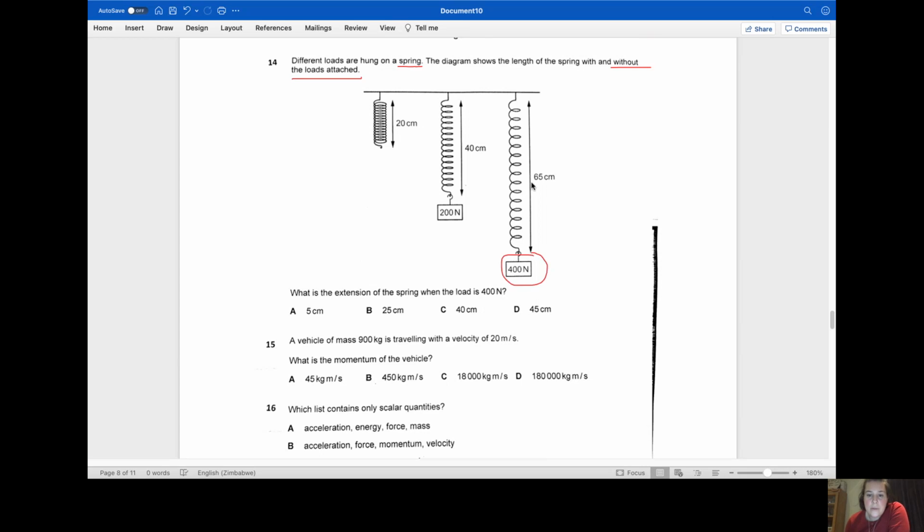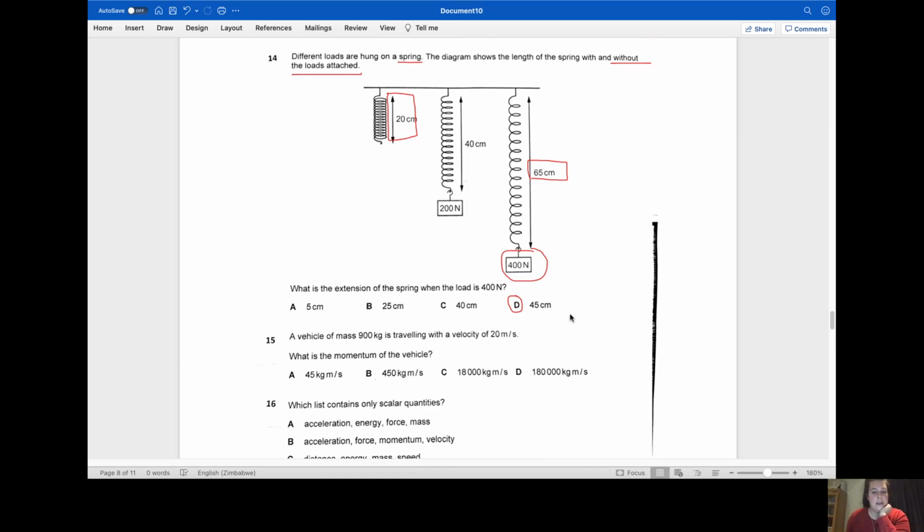So we've got 65 centimeters with the load. But don't forget your spring still had a distance before the load. So 65 minus 20 will give you 45 centimeters. You have to minus the original length from when you've got the load. That will give you your extension.